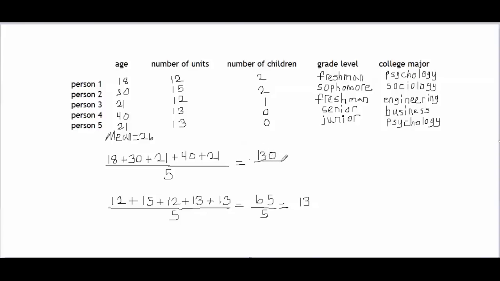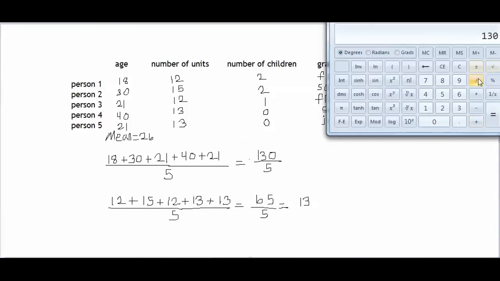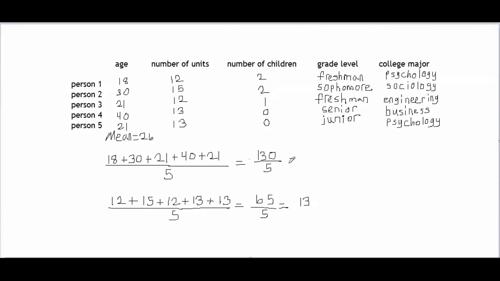And then we divided 130 by 5. And we got our mean of 26. So the mean age was 26. I already wrote that down over here. The mean number of units is 13.